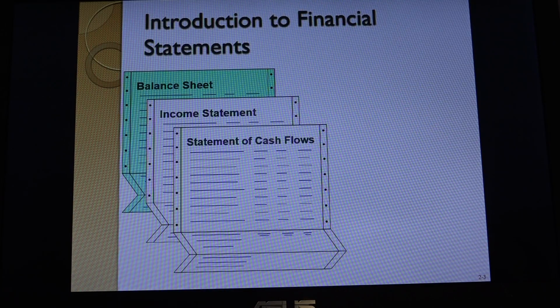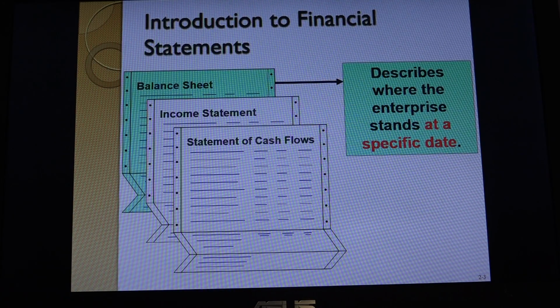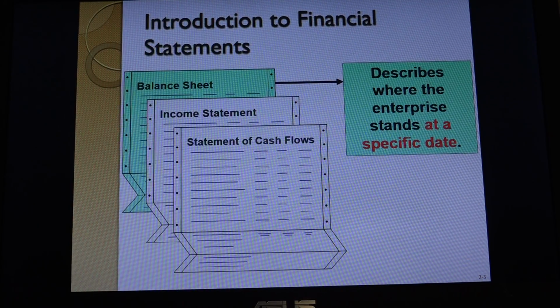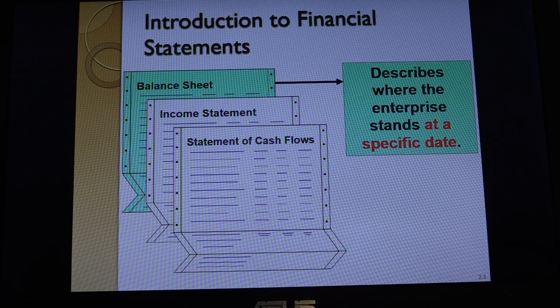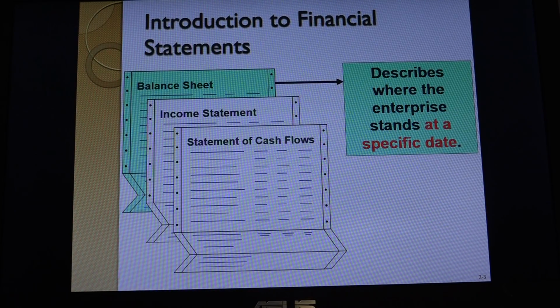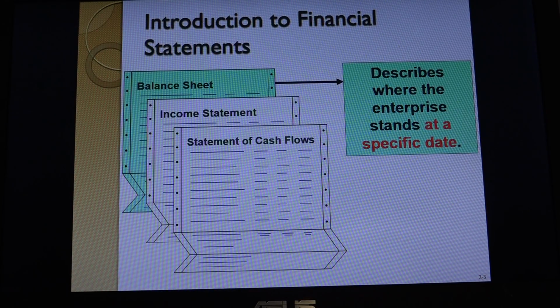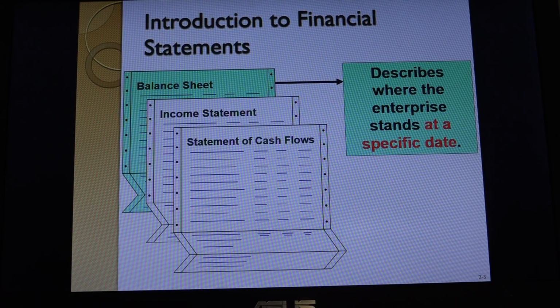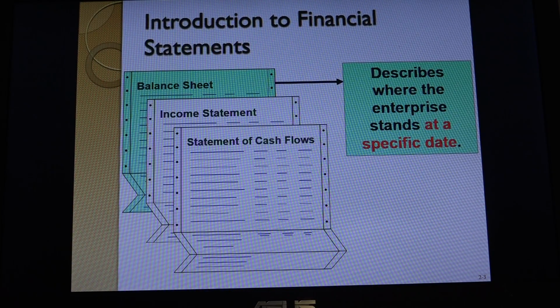All right, so what is a balance sheet? Well, it describes essentially where the enterprise stands at a specific date. It's like a snapshot of its financial well-being on a particular date.